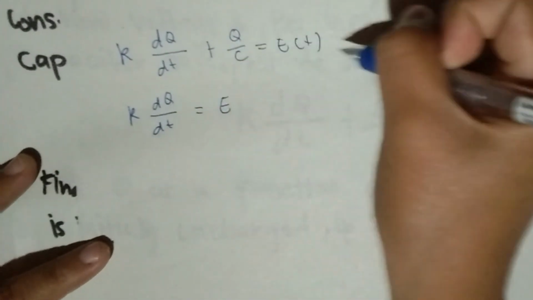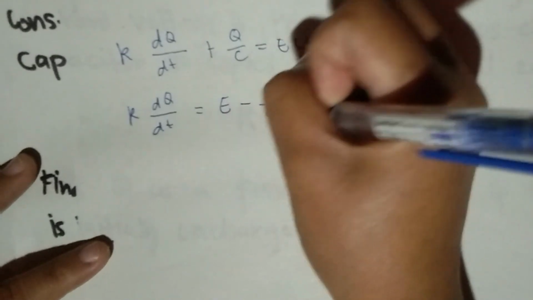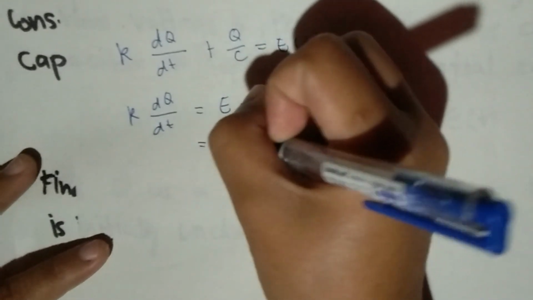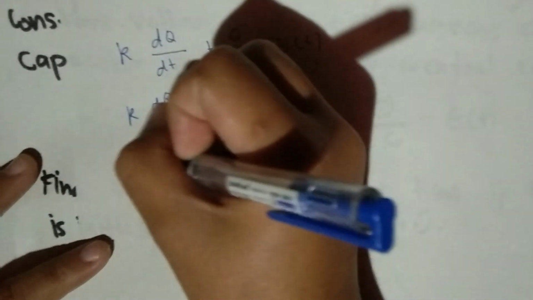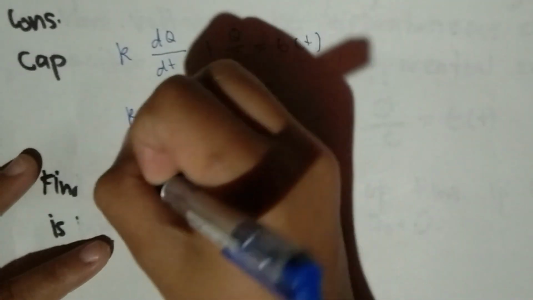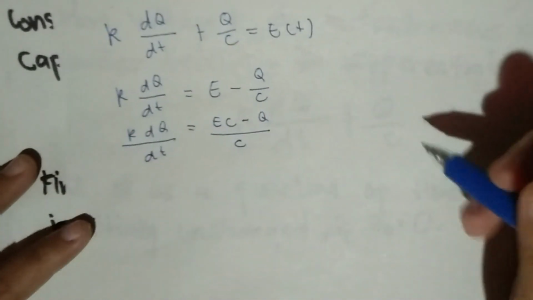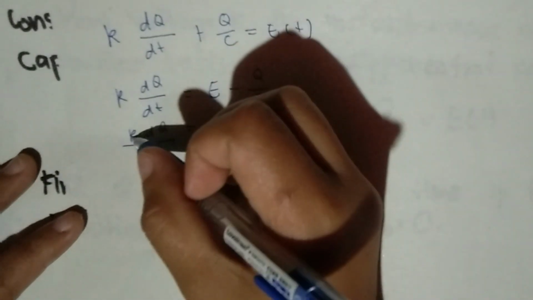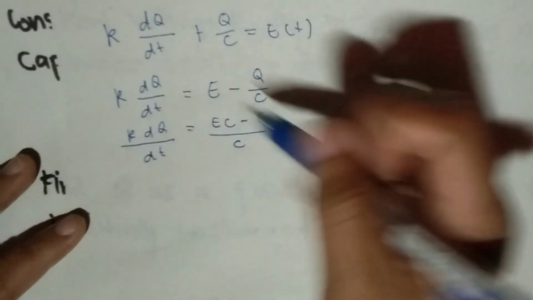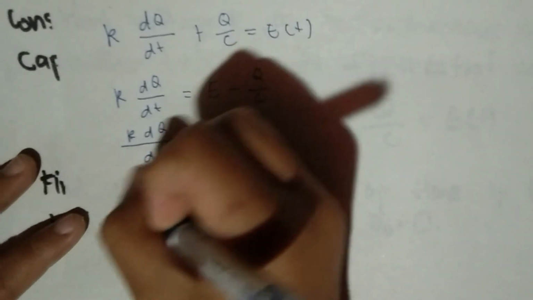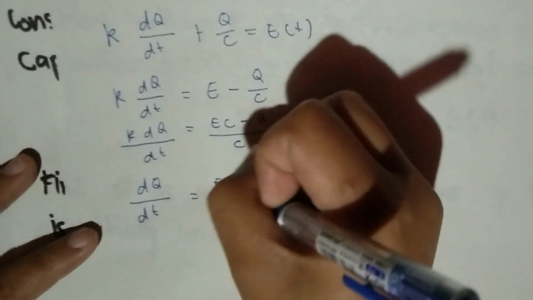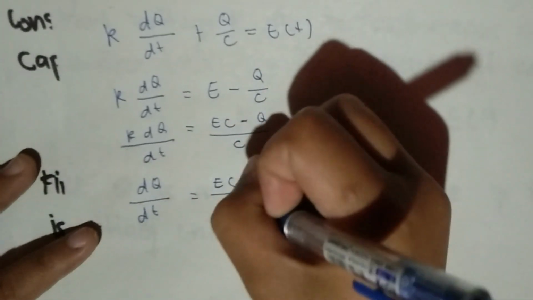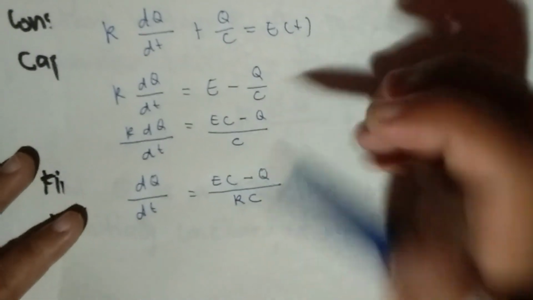That will be E minus q over C. This can be written as EC minus q over C, equal to R dq over dt. So we have to get rid of this R, so we divide by R. We will have dq over dt is equal to (EC minus q) over RC.